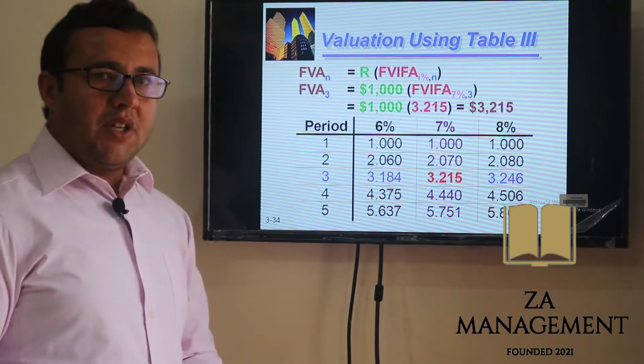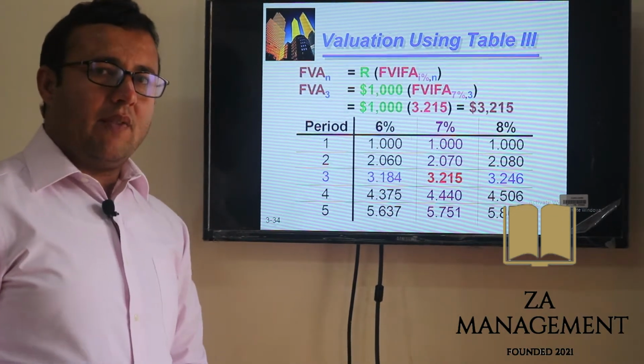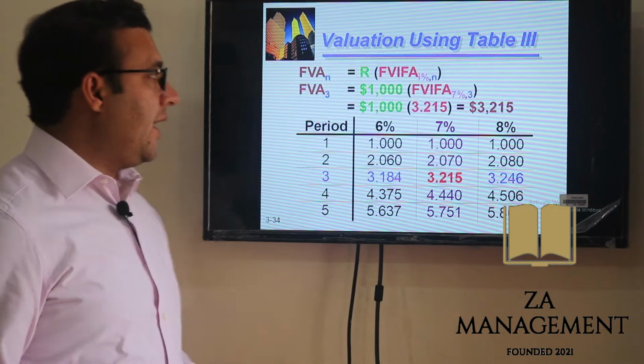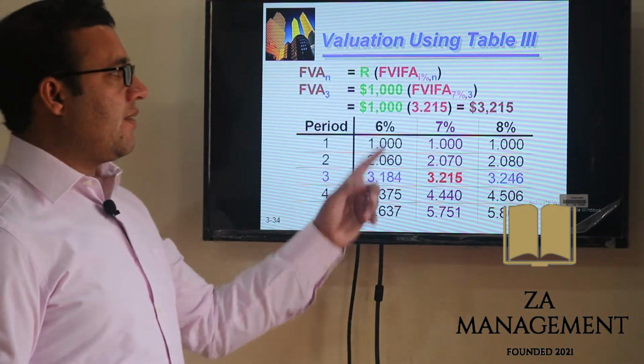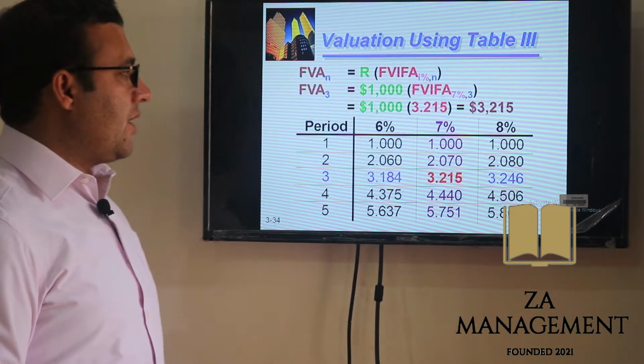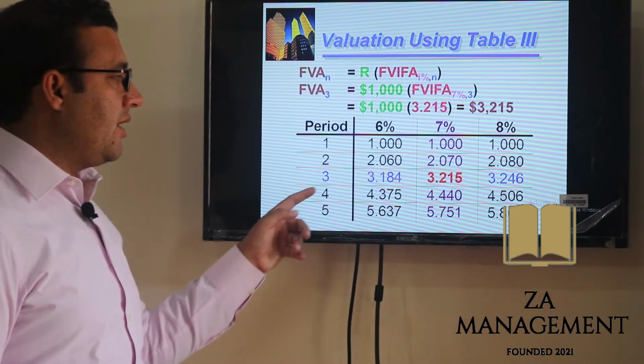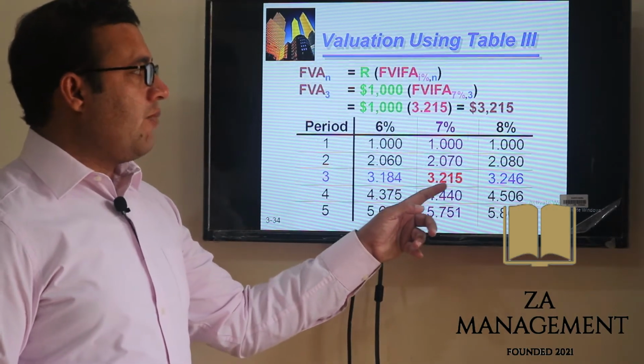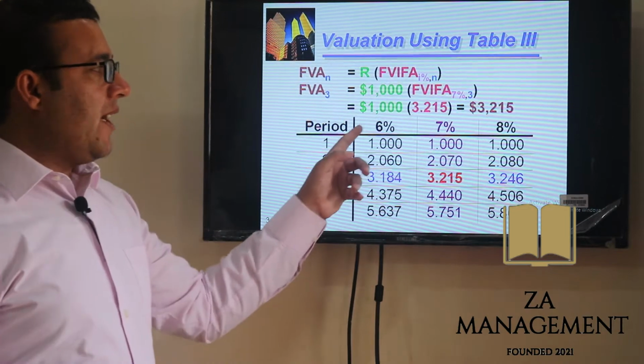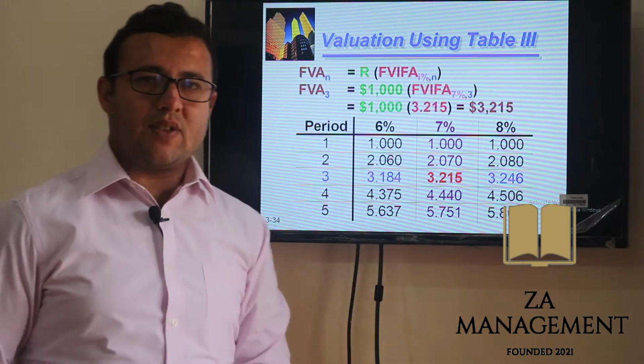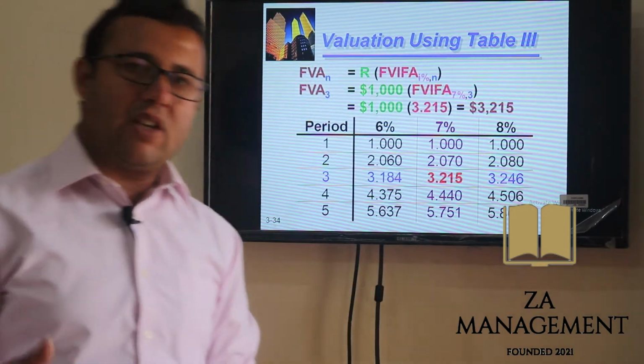This annuity factor can be found in the same fashion for i interest rate in n periods. So in this case, we have to find the future value interest factor of the 7% column in the 3 periods row, which is 3.215.